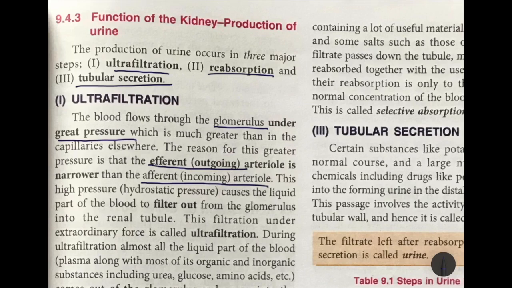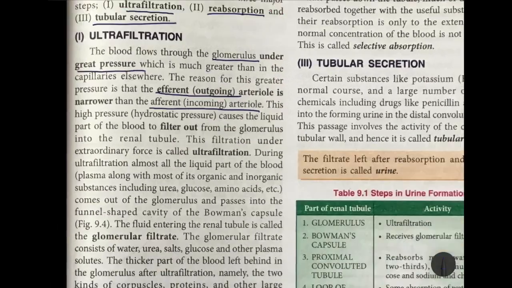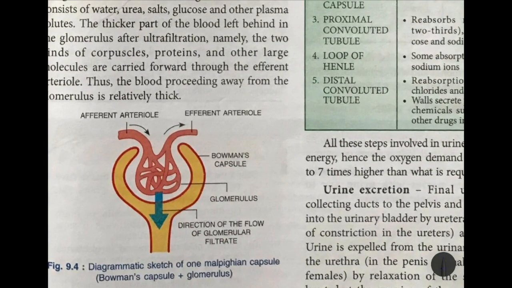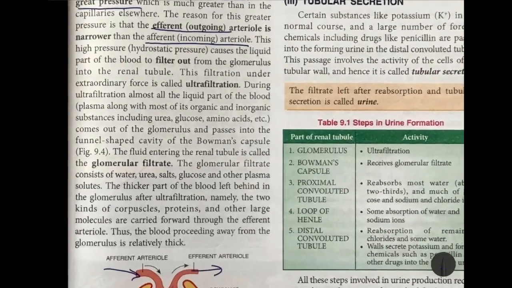That is, the afferent arteriole is wider, so blood will flow in more. And the outgoing efferent arteriole is thinner, narrower, so blood will flow out very slowly. As a result, a great pressure will be developed in the glomerulus, because there you can see this is wider and this is narrower. So here ultrafiltration takes place.